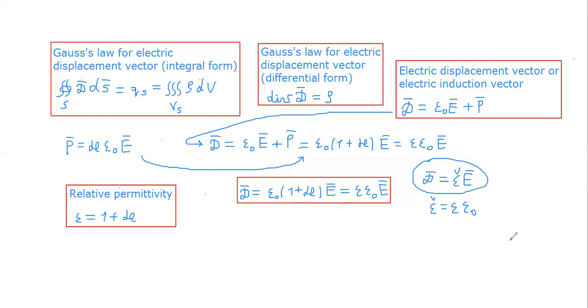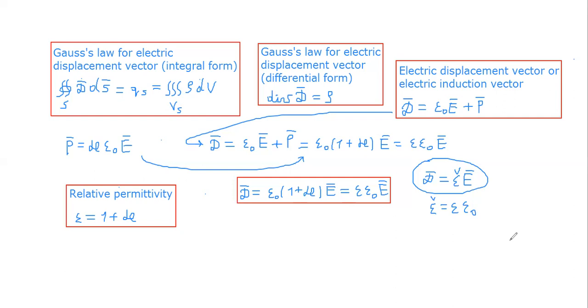And why is the electric displacement vector useful? It is useful because in most cases we don't know anything about bound charges. In most cases we know the distribution of free charges, but we don't know anything about bound charges.